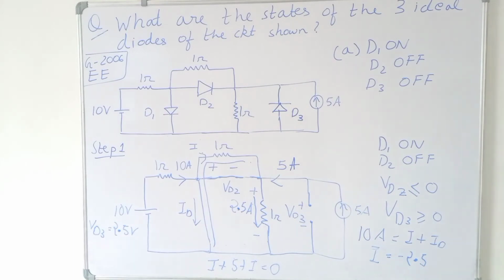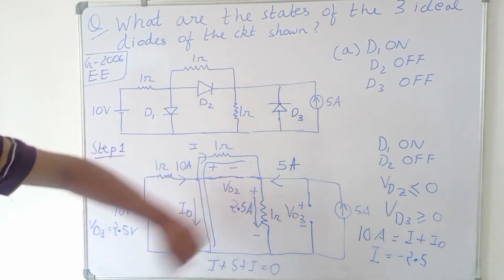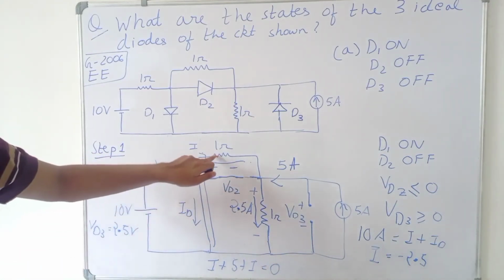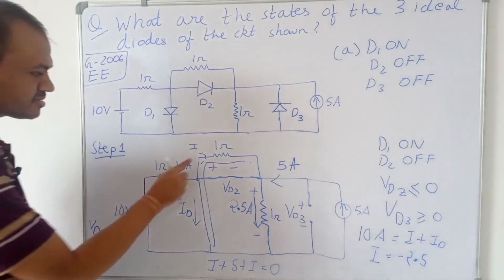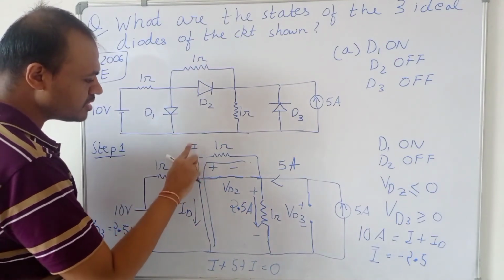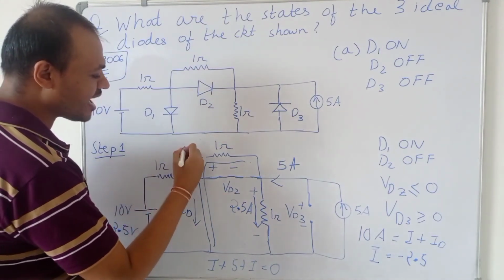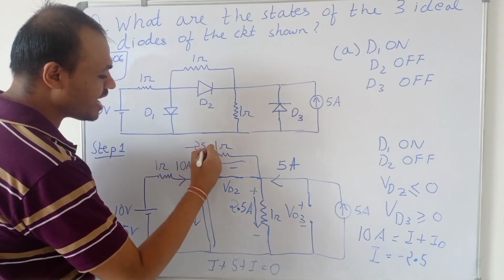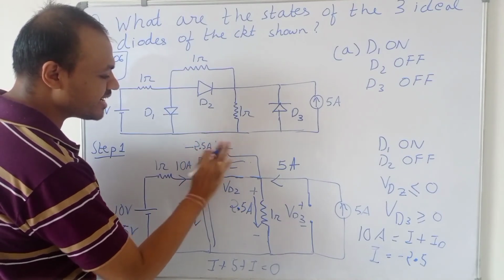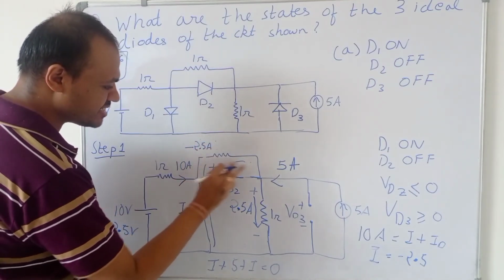Now VD2 is the voltage across this resistance. So I is minus 2.5 ampere.